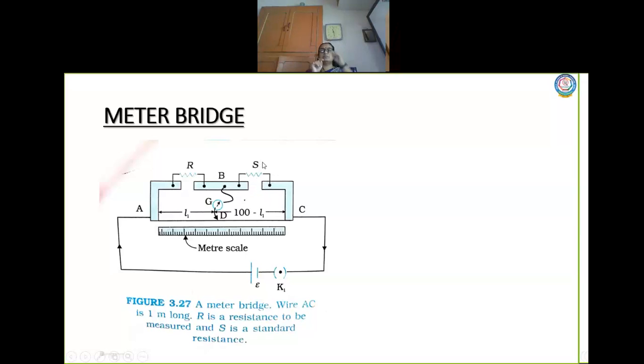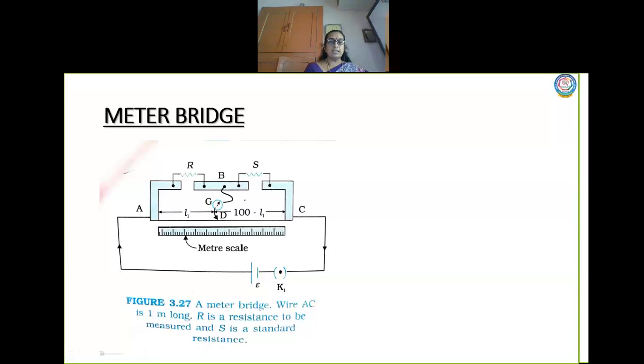You have a resistance box in the lab, you can adjust the value of resistance and fix whatever value of resistance we have to keep. Now this is called a known resistance. That known resistance is fixed in between the gap G2. So in G1 you have the unknown resistance connected, and in G2 you have the known resistance connected.